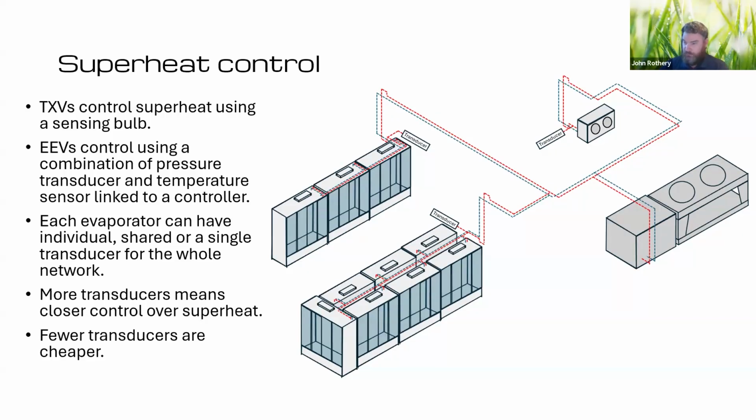Whereas if you've got one transducer per fixture, you've got all that extra redundancy in the system, so if a transducer does fail, it'll be that one cabinet. And if the valve goes into a sort of emergency operation of 0 to 100% modulation, you're not going to get so much flood back to your compressors.